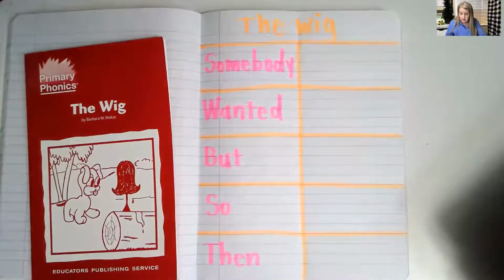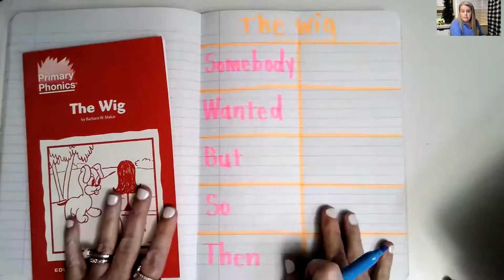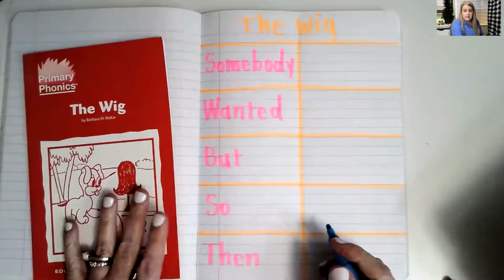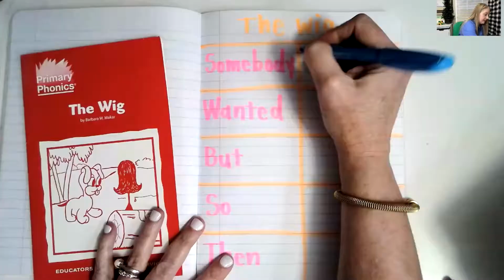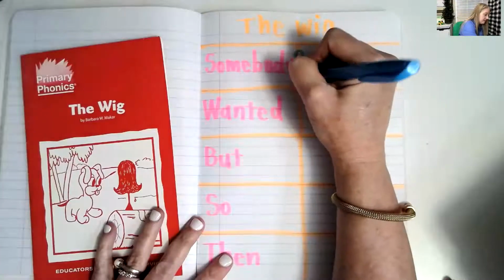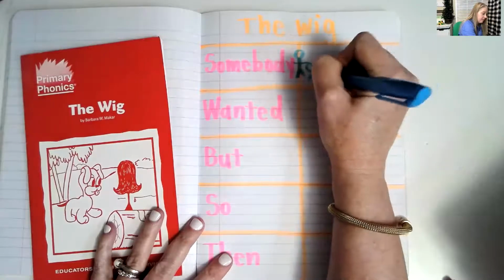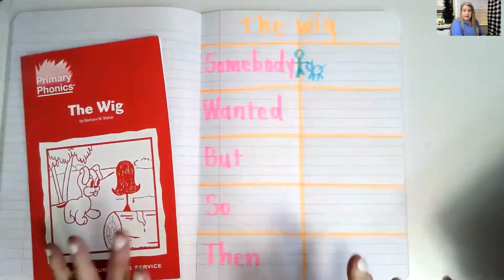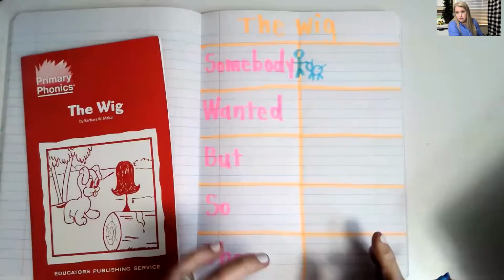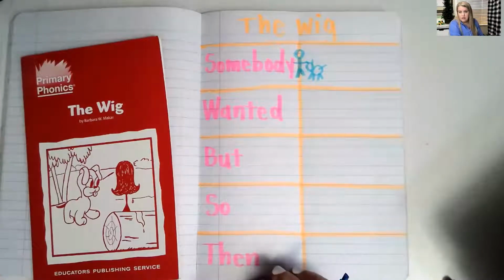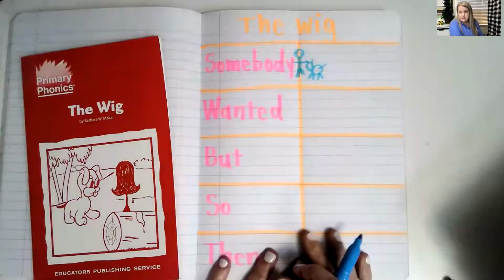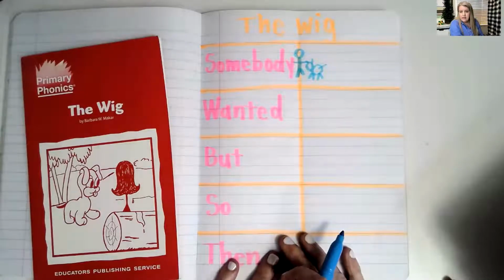So from here, let's grab another color and let's review what each of these parts are. So the somebody, remember, somebody is going to be a character in the story, a person, or it could be an animal. Whatever that animal is, I just draw a generic animal, could be a cat, a dog, a snake, whatever it is.